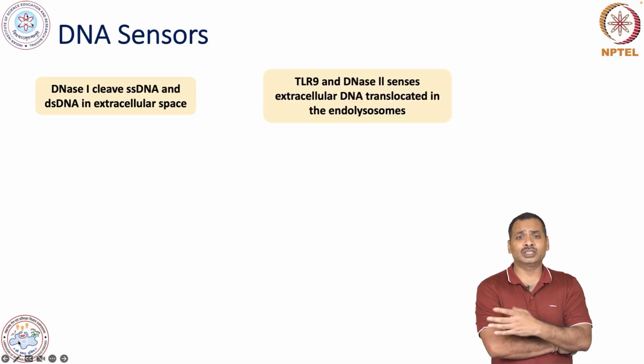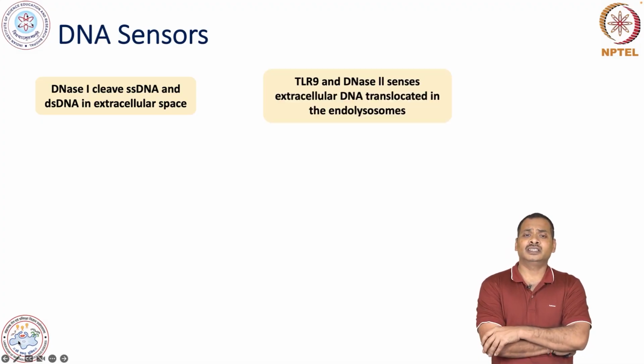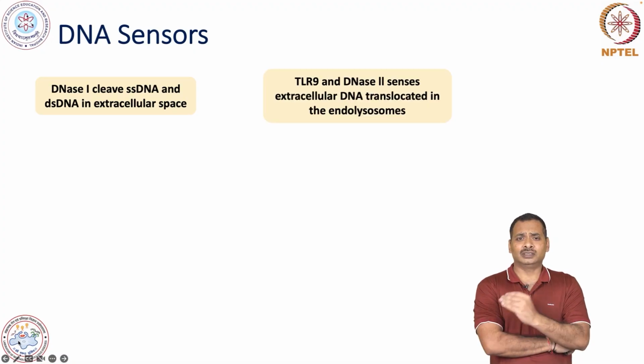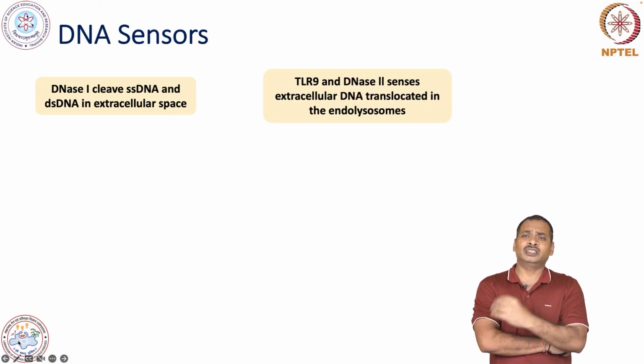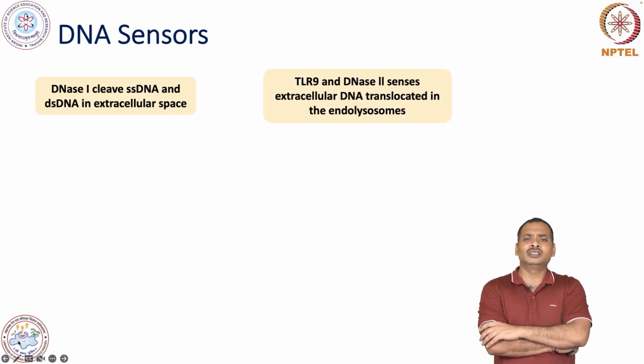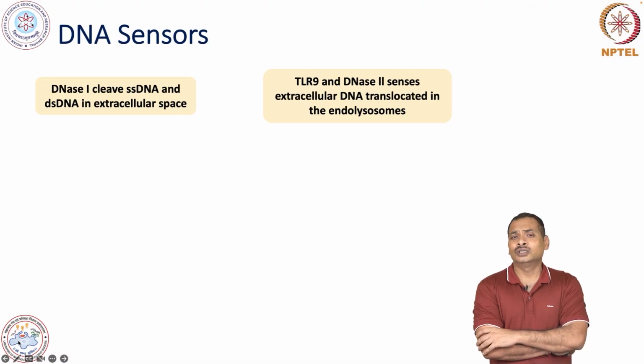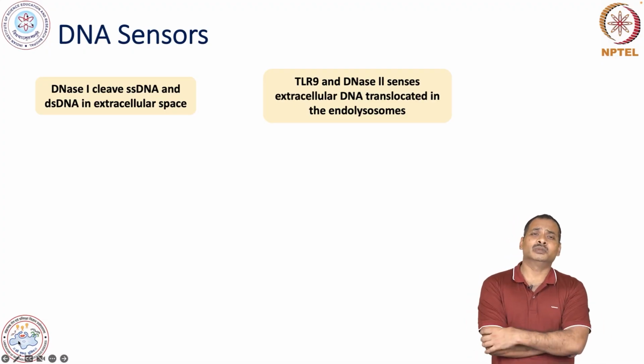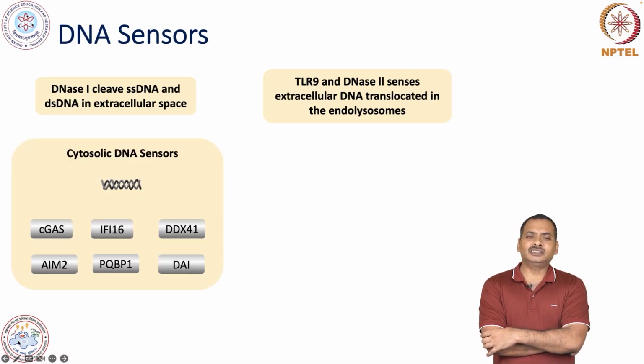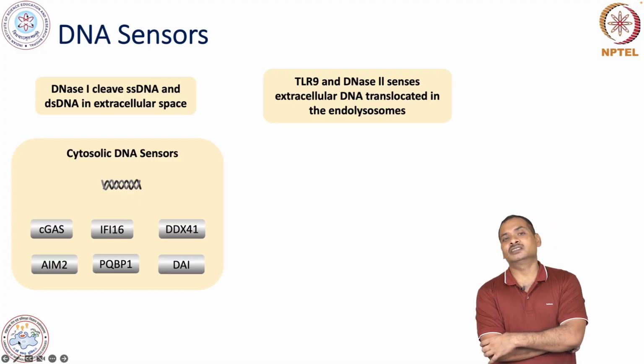This can also be cleaved by DNase 2 in the extracellular space, and if the DNA is translocated into the endolysosome, you know very well this will be sensed by TLR9.